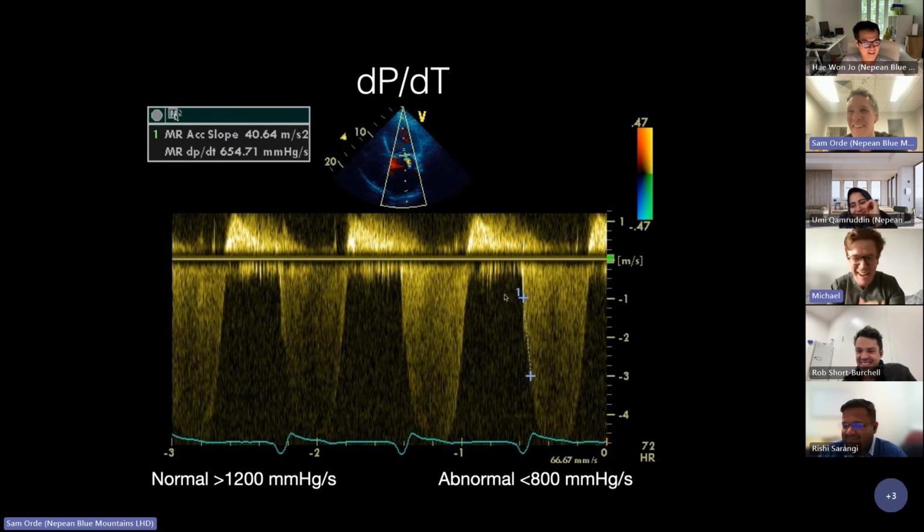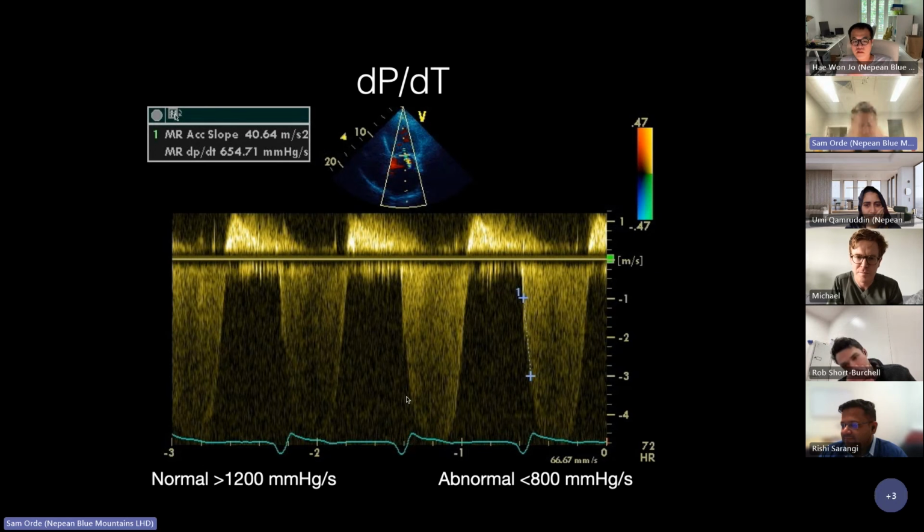Nice. Because look, the thing that I hate about this is that we've got a value here of 654. If I move that cursor an infinitesimally small space, suddenly you'd have a value of 1500 millimeters of mercury per second. It's such a small difference, yet makes a massive difference. So you need to have a perfect envelope.